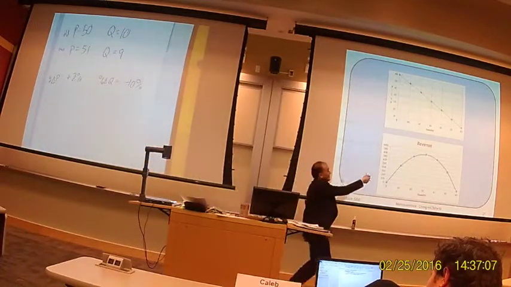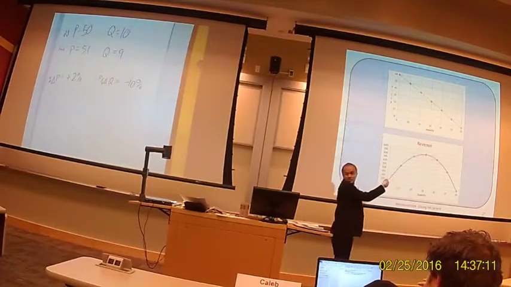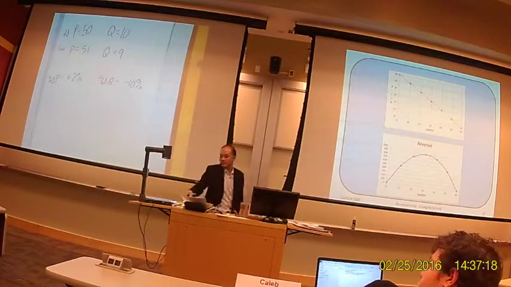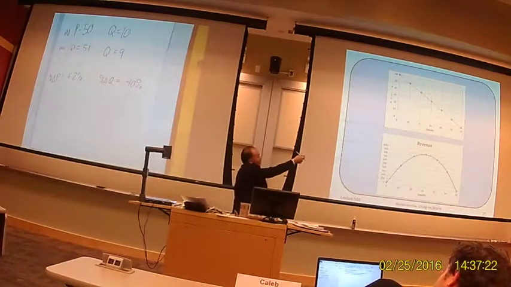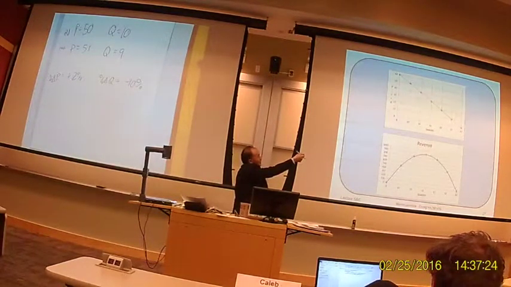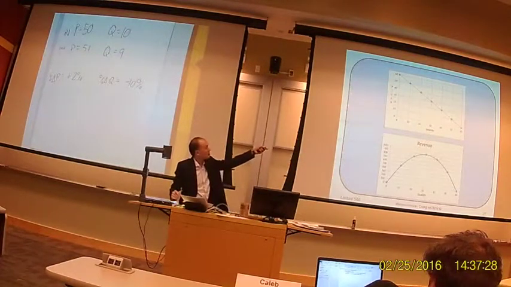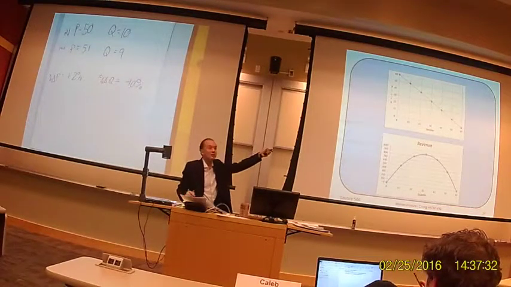So as a business person, if I'm at this point and I'm thinking, if I raise my price and lower my quantity, nope, I'm sorry, I'm in the wrong side. So if I'm starting up here and I raise my price and lower my quantity, okay? If I raise my price and lower my quantity, am I going to increase or decrease my revenue?